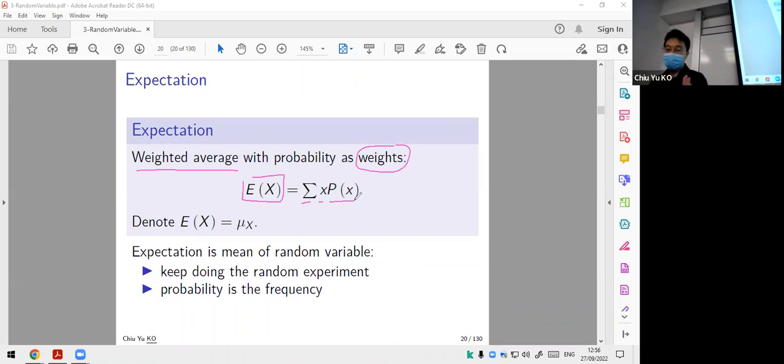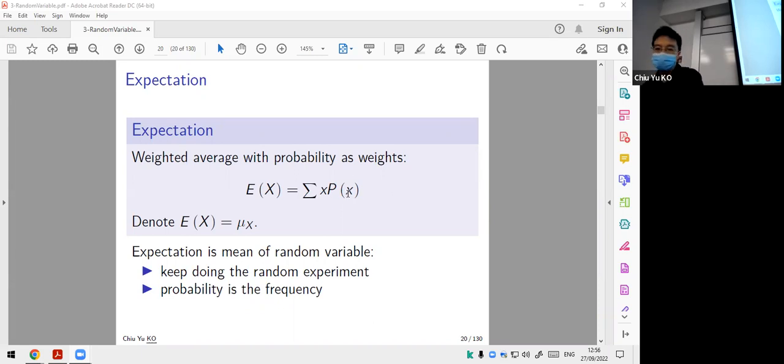So you can actually imagine, look at the example again. Let's see why this would make sense. Okay. First, we can imagine a random experiment, suppose we repeat this many times. Okay. And the P of x will actually become the relative frequency.